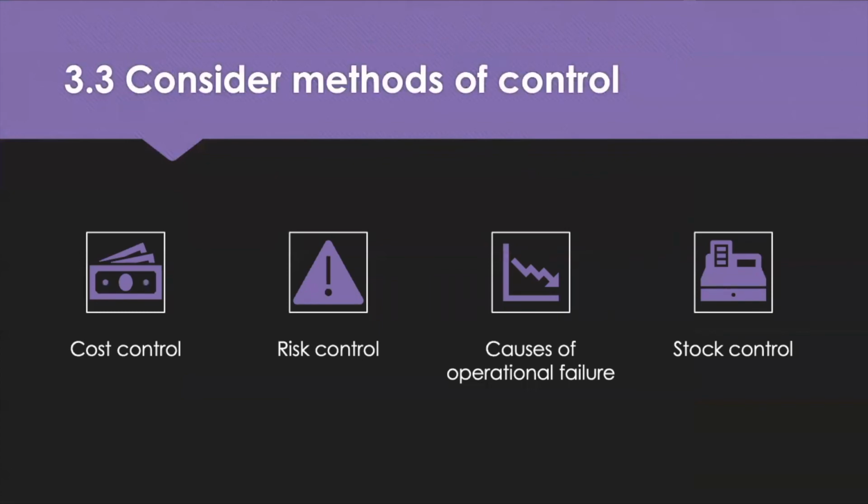There are many methods of control that can be used in a variety of business management situations. And managers will usually consider what needs to be controlled, how it needs to be controlled, and how often monitoring is necessary. But it's also possible that resources for monitoring and control are needed.